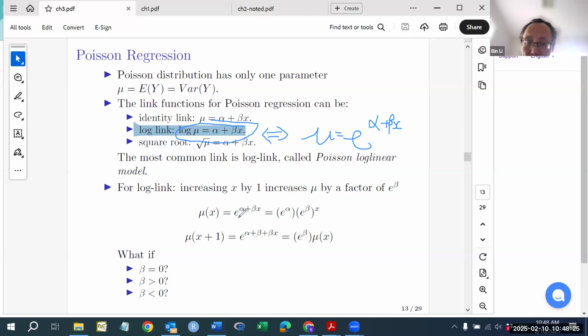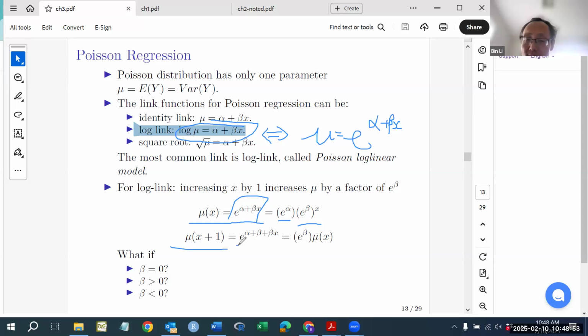So mu x equals that. And we can write it as exponential of alpha times exponential of beta to the power of x. I'm just rewriting this as the product of these two. These are very simple math. Now this time we have x plus 1. What if x is increased by 1 unit?